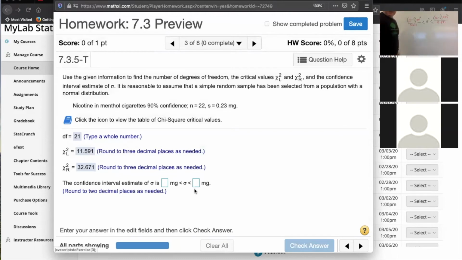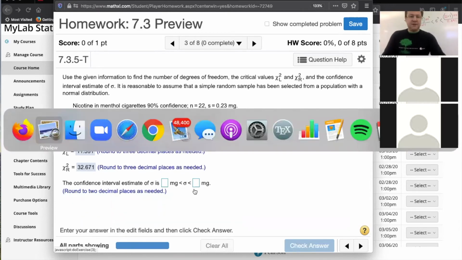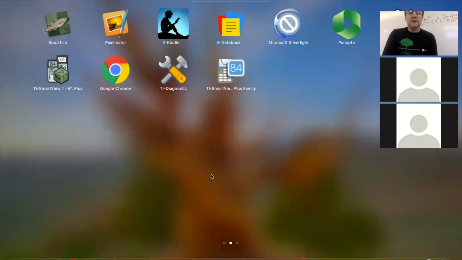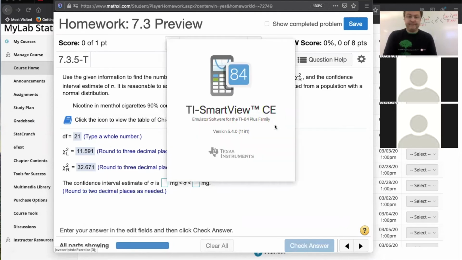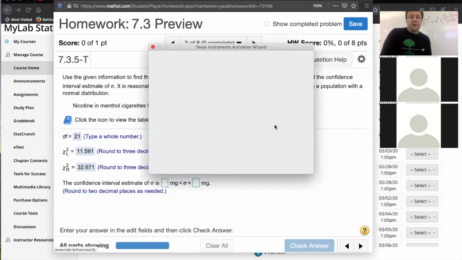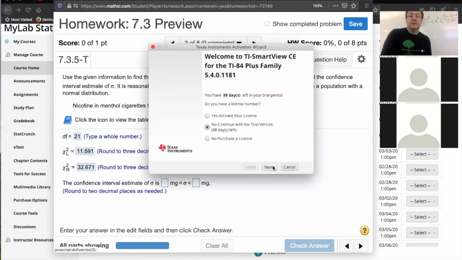I'll begin by calculating this number over here on the left. You can try this on your calculator with your numbers.